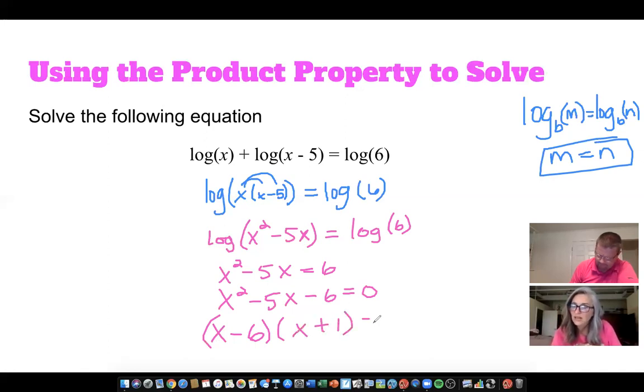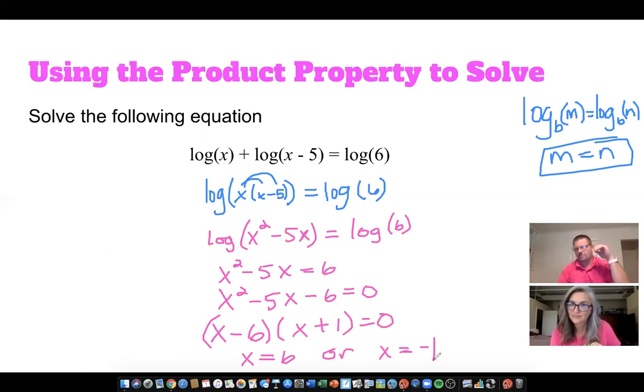Be careful, because when you're using log properties to solve log equations, you could end up with extraneous solutions. And this goes back to the graph of the logarithm. When we did the graph of the logarithm, it only existed to the right side. The domain of the logarithm was for positive numbers, so I cannot take the logarithm of a negative number.